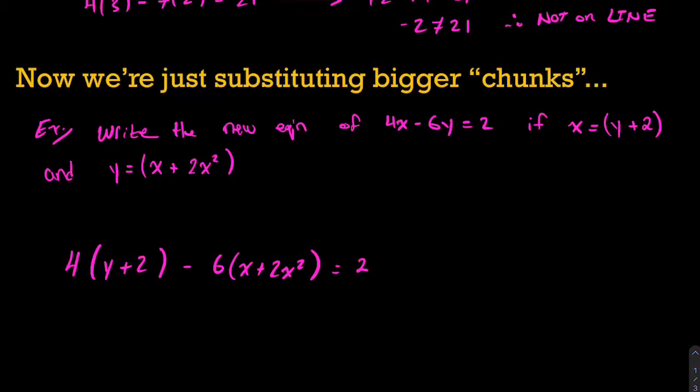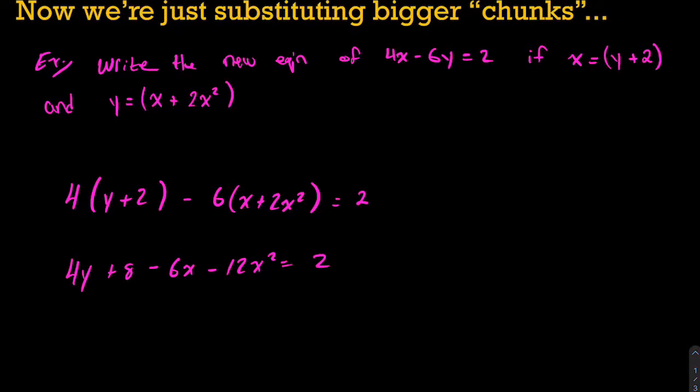And we can redistribute all of this, right? Because we know how to do this from factoring. We're just going to take the negative 6 over the (x plus 2x squared) and distribute that, multiplying it, and then this 4 will multiply into here. So we get 4y plus 8 minus 6x minus 12x squared equals 2. And we're basically at the new equation right now, right?